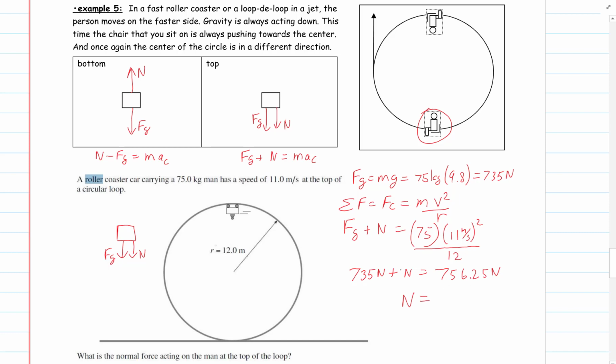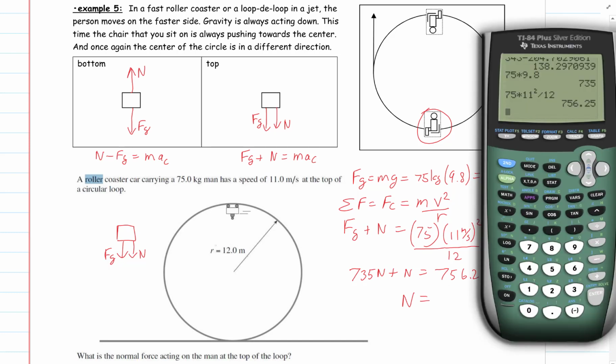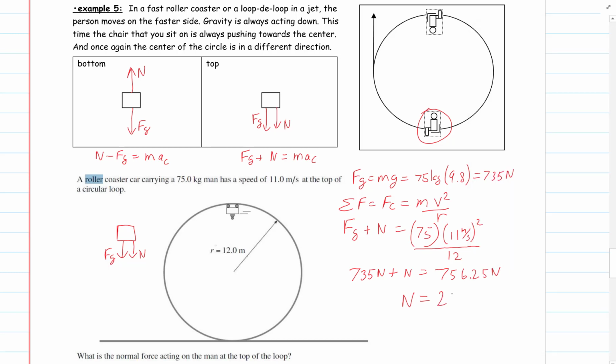So the normal is going to be very little, .25 newtons. And we'll talk about roller coaster design in a moment. It's very circular, very physics-like, not very applied physics.